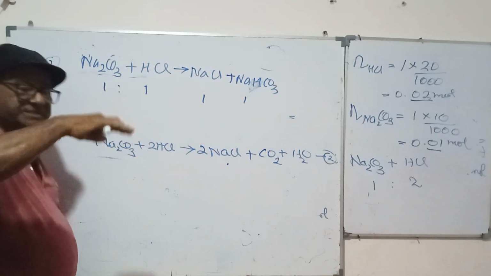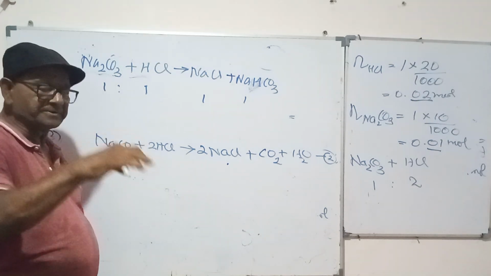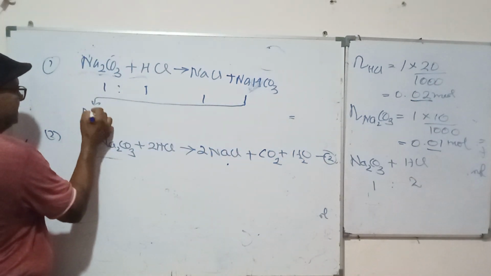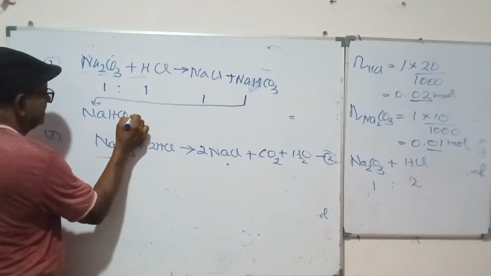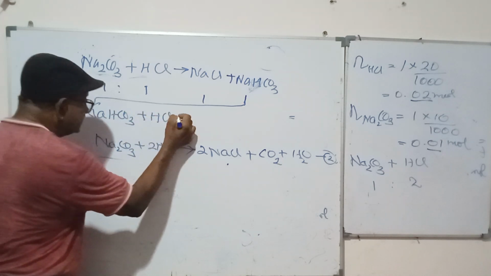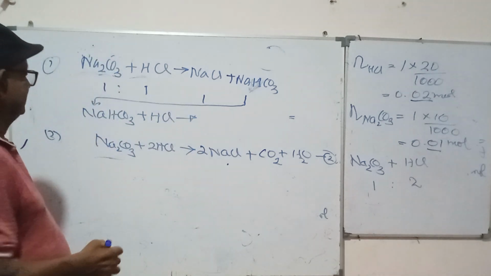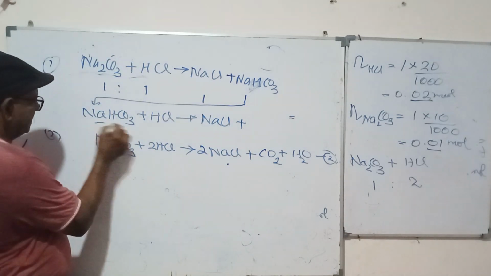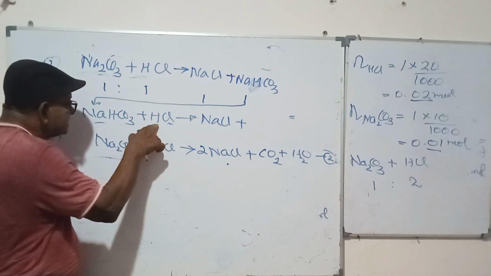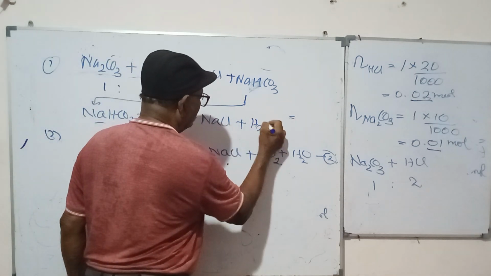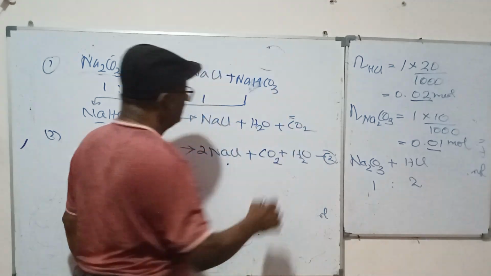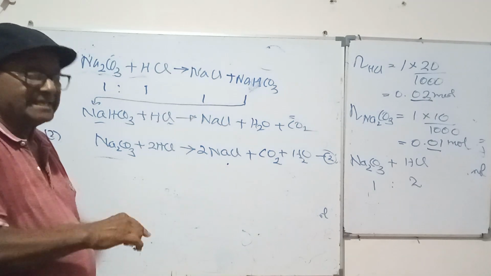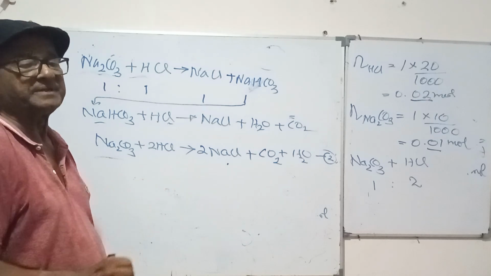If we add more HCl without stopping the titration, that sodium bicarbonate again reacts with the added HCl to give sodium chloride plus water plus carbon dioxide. But that reaction does not occur here, because phenolphthalein gives the color change, so we stop the titration.